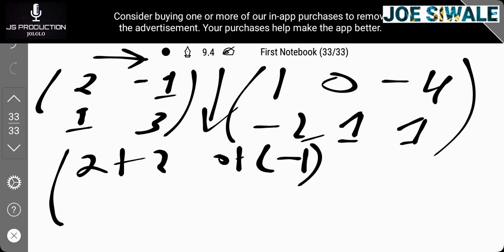Then 2 multiplied by negative 4, that's negative 8, negative 1 multiplied by 1, that's negative 1.